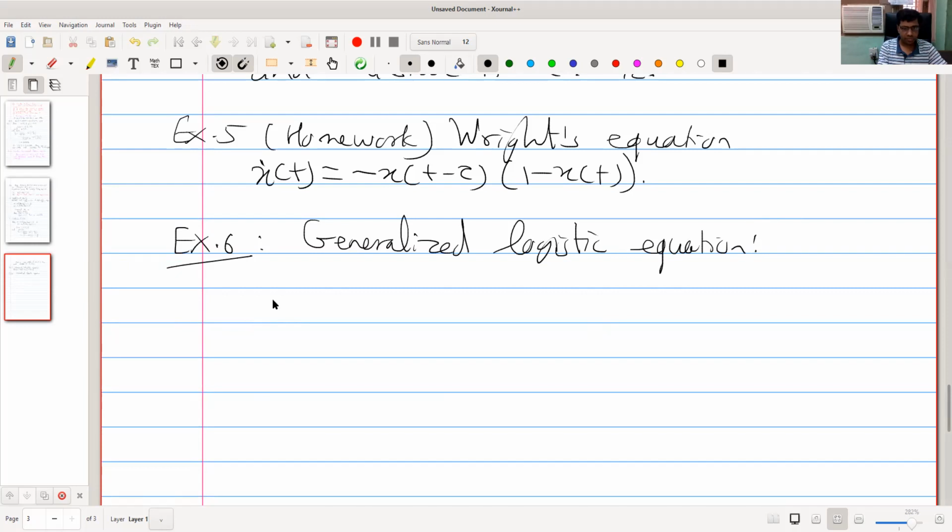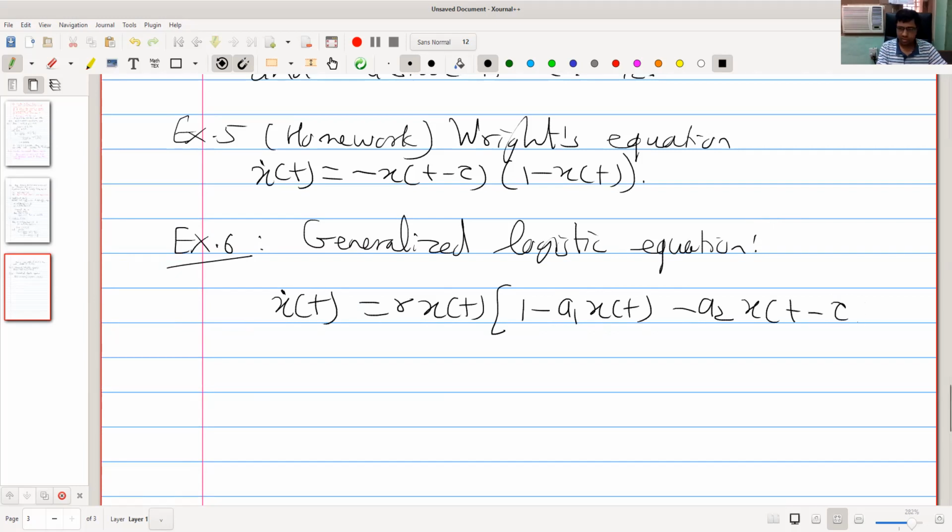The equation is x dot of t equals r times x of t into 1 minus a1 x of t minus a2 x of t minus tau, where r, a1, a2, that is the ai's, and tau are positive constants.